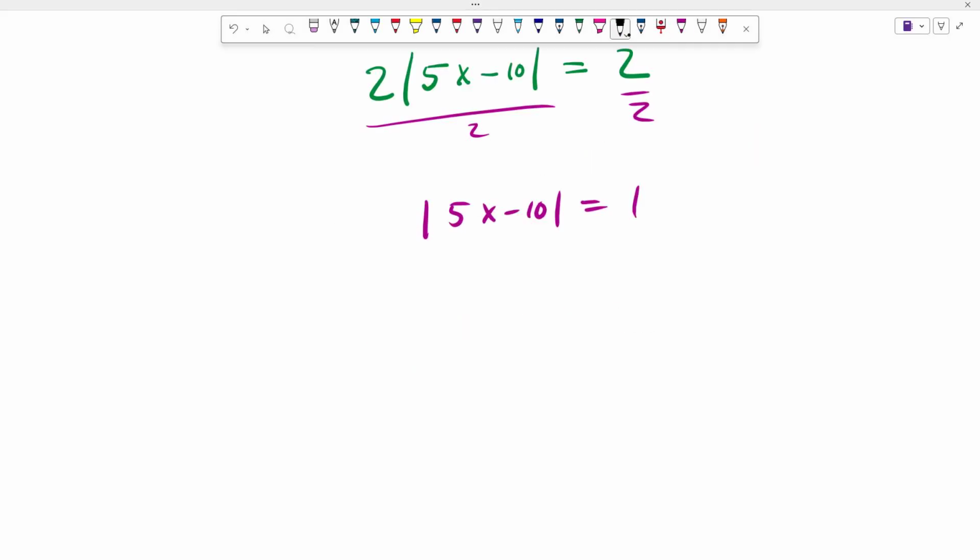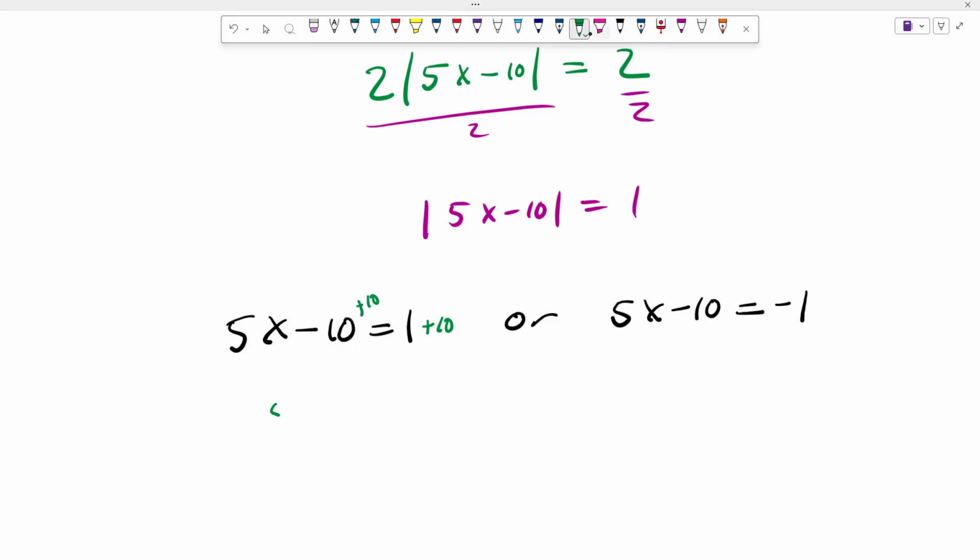And once we get the absolute value by itself, we have to write two separate equations: 5x minus 10 equals 1, or 5x minus 10 equals -1. Now we've got two simple linear equations. Add 10 to both sides.